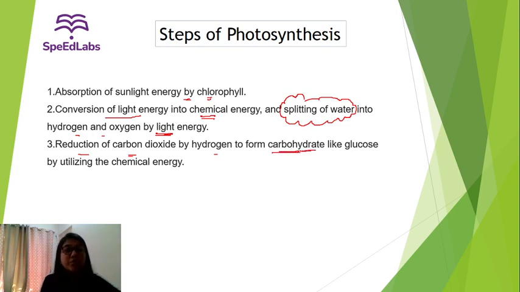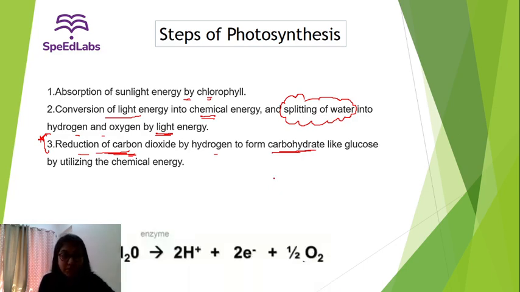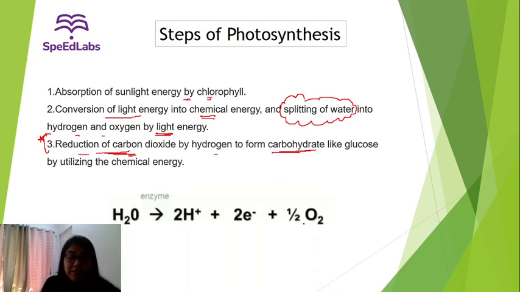Two very important things you have to remember: oxygen is coming from the splitting of water, and carbohydrate is formed as a result of reduction of carbon dioxide. So, reduction of carbon dioxide by hydrogen to form carbohydrate like glucose by utilizing the chemical energy. This is the reaction.